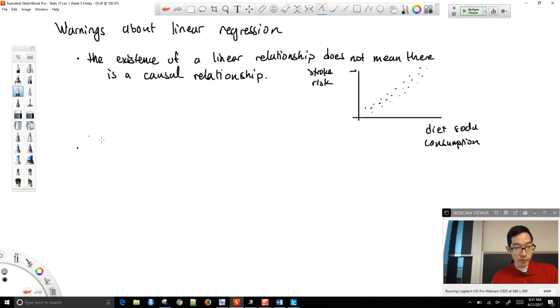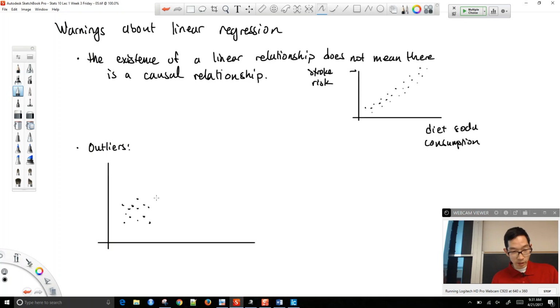And then outliers. Again, outliers totally mess things up. With outliers, you might have a cloud of data here. Let's say we were measuring people's shoe size versus annual income.